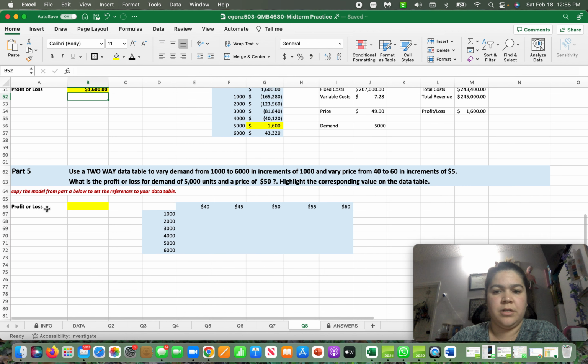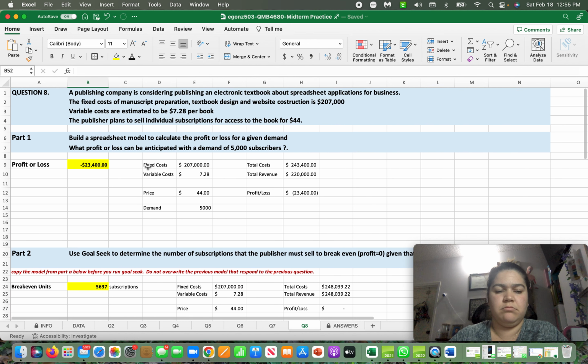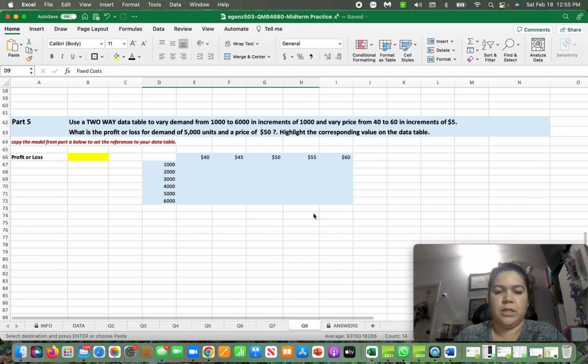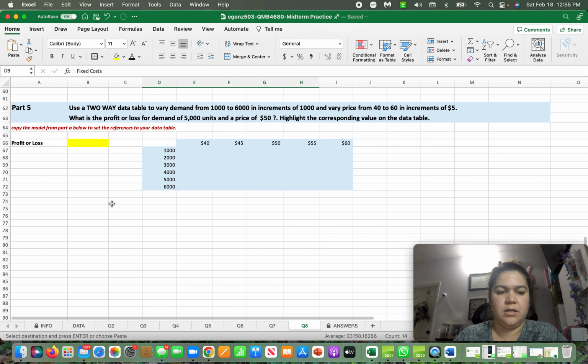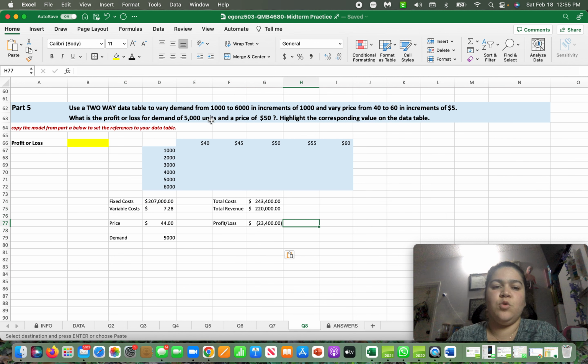Okay, next question. Copy the model from part 8 again, the original numbers. Let's put it around here, Command V. So now is a two-way data table to vary the demand. This will be the demand and this will be the price per subscription.